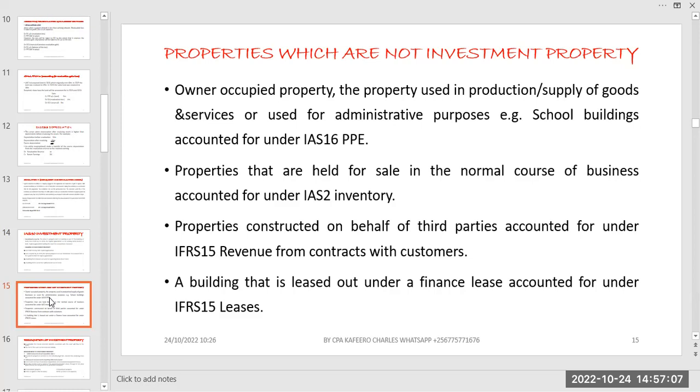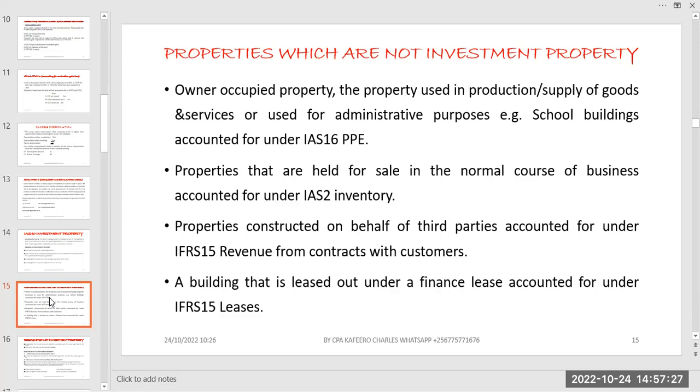So take note of that. Then here we are saying that we have properties which are not investment property. When you see them, just know they are not investment property.